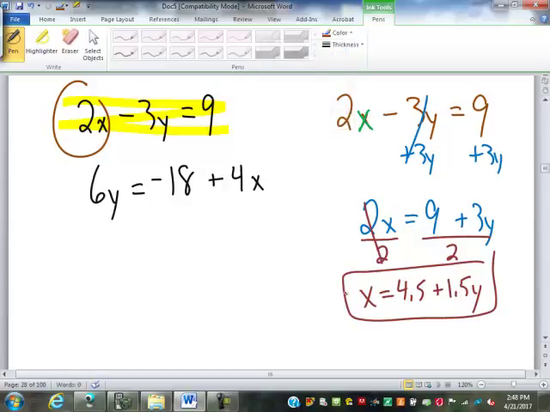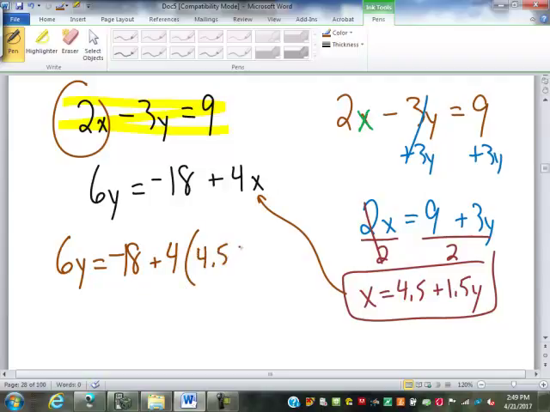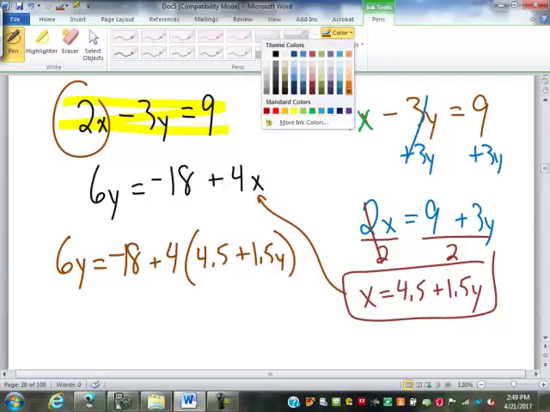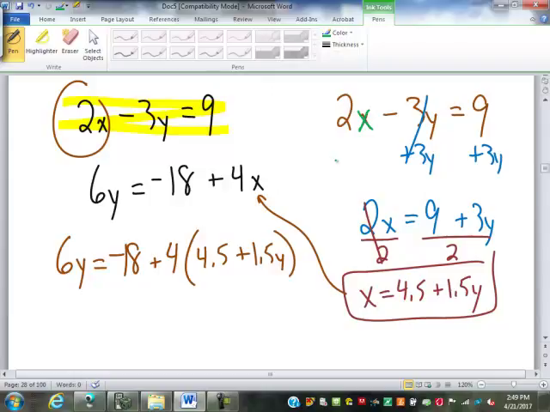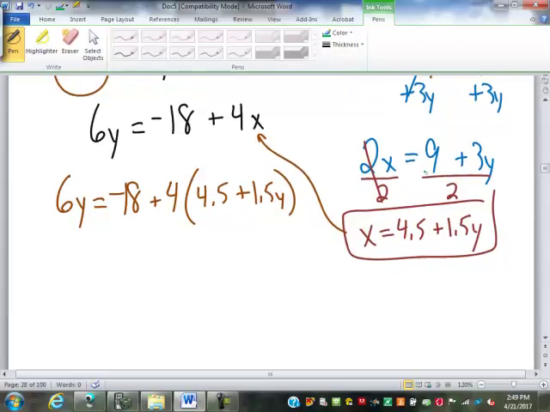So we need to put that in up here for x in the other equation. So 6y equals a negative 18 plus 4 times, instead of x, I'm going to put in 4.5 plus 1.5y. Good. Now what do we need to do? Multiply. Perfect.